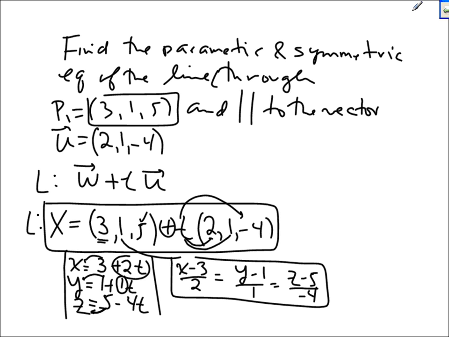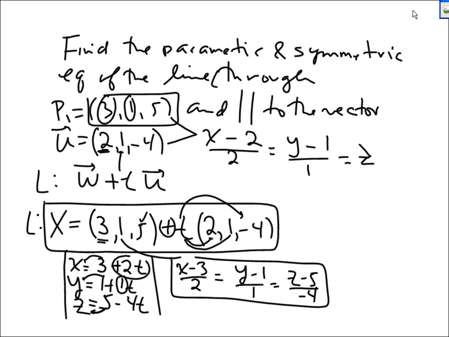Now, how can you go to symmetric right away? It's x minus that number, which came from the point, divided by the x value of the vector. And that equals y minus the y value of the point divided by the y value of the vector. And that equals z minus the z value of the point divided by the z value of the vector.